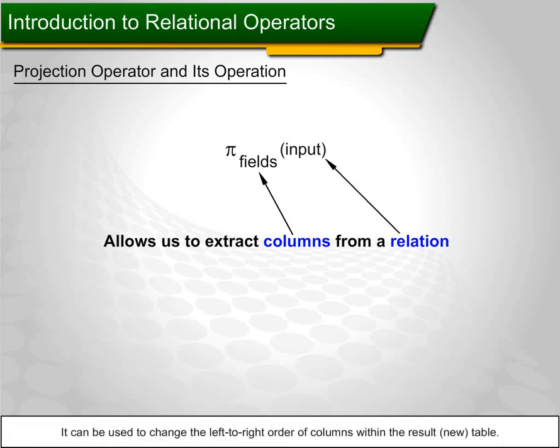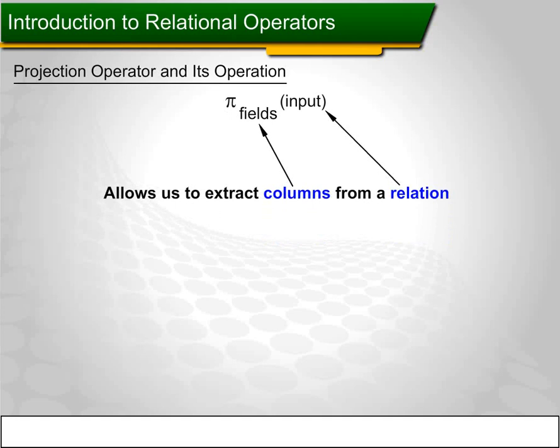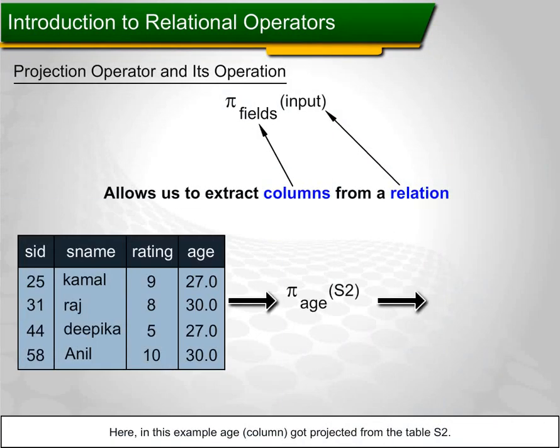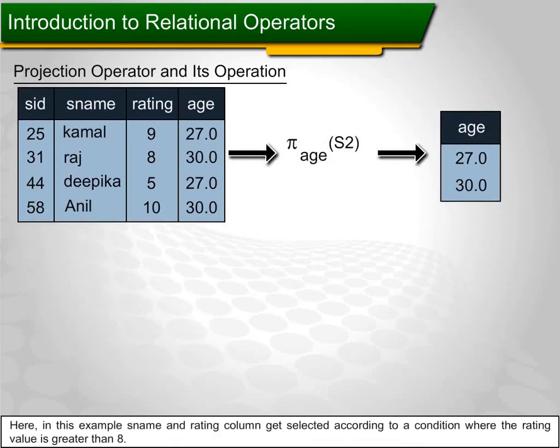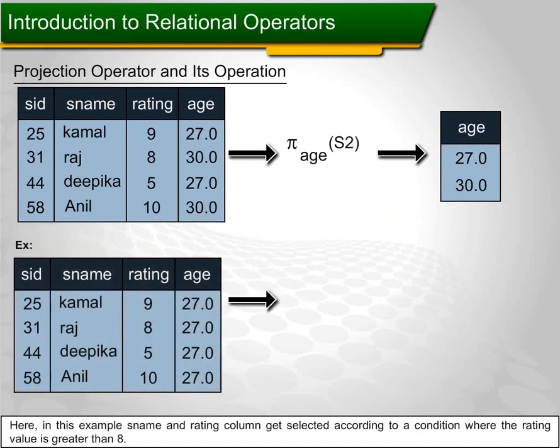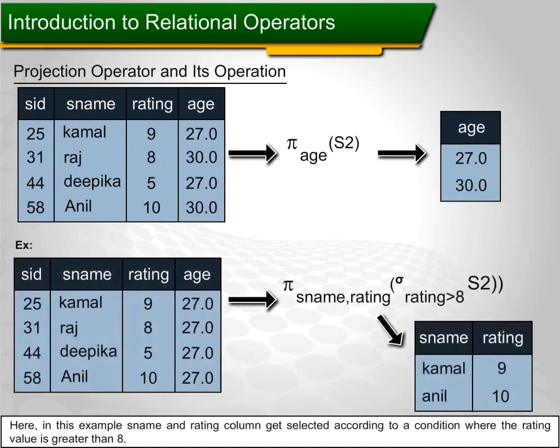It can be used to change the left to right order of columns within the result, that is, the new table. Here, in this example, age, that is the column, got projected from the table S2. The projected table does not contain repeated values. Here, in this example, SName and rating columns get selected according to a condition where the rating value is greater than 8.